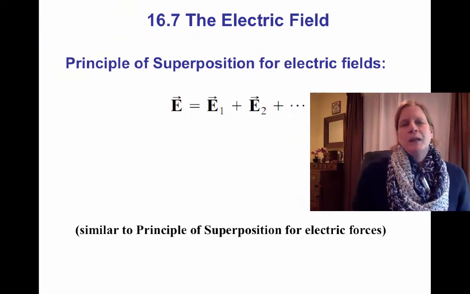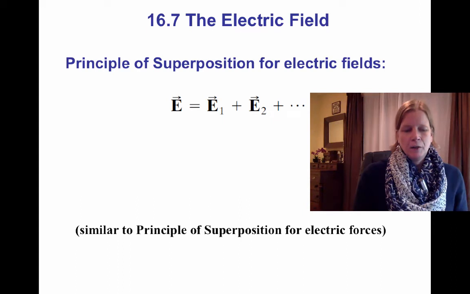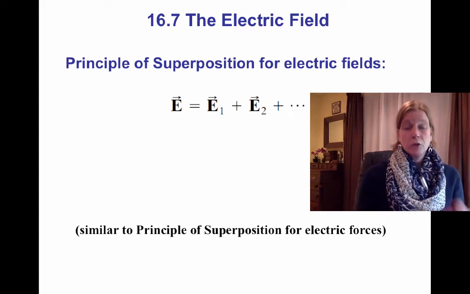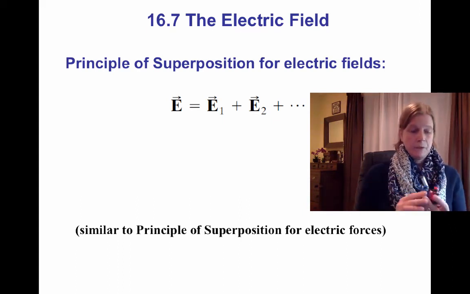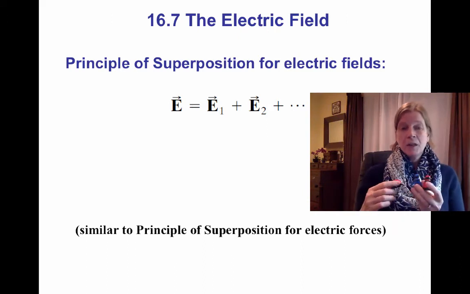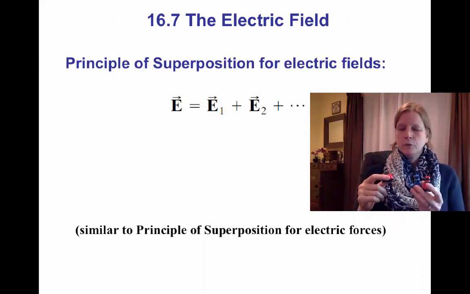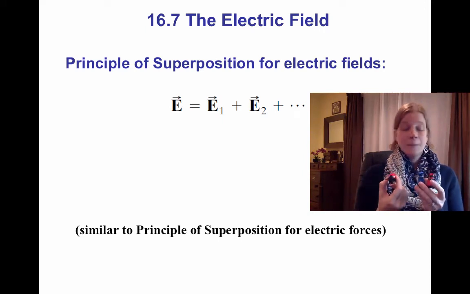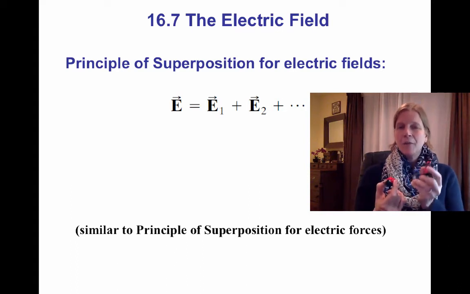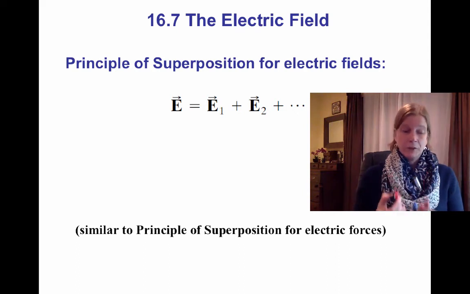So just as we had superposition of forces, let's say we had 3 charges in a line, we could figure out the net force on one of them by figuring out, say, the net force on the ladybug. We could figure out the force of the blue Dalek on the ladybug, the force of the red Dalek on the ladybug, and then we add those 2 forces and we get the net force on the ladybug.